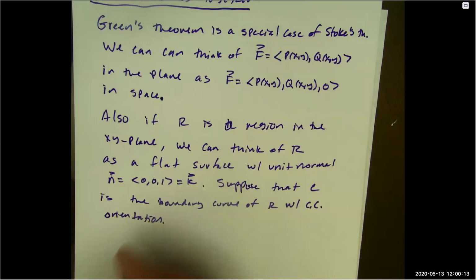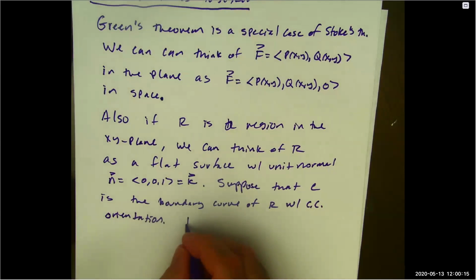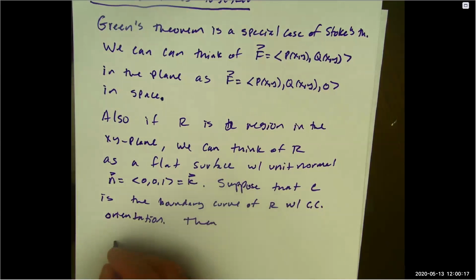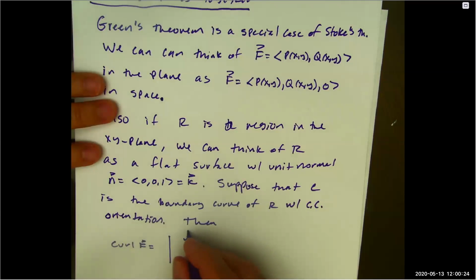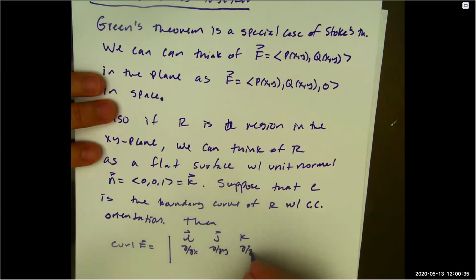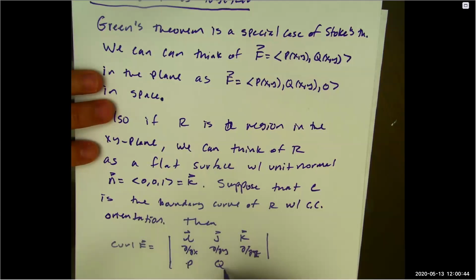All right, so then if we take the curl of F, we're going to have the i, j, and k, and then our partials, and then the P and the Q and then the 0.